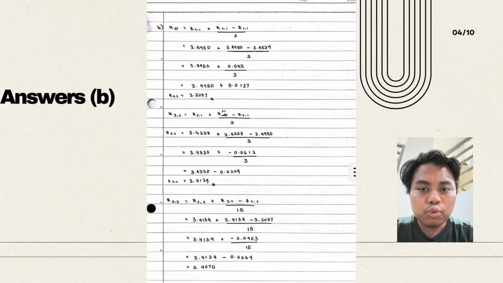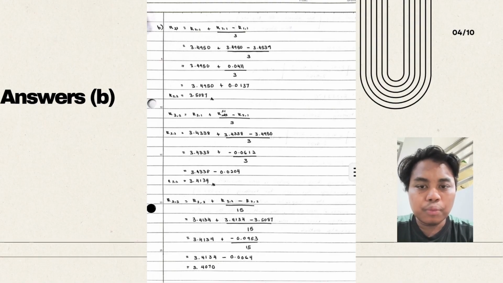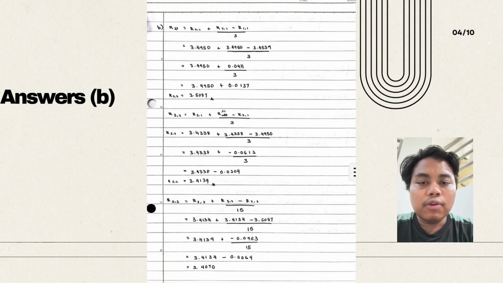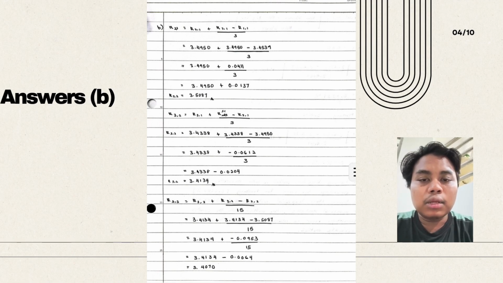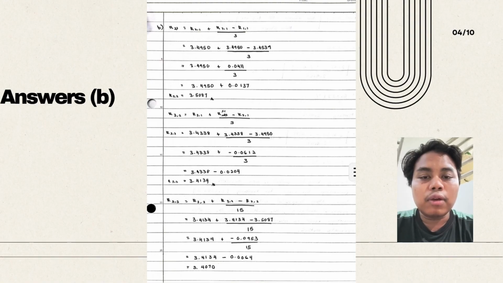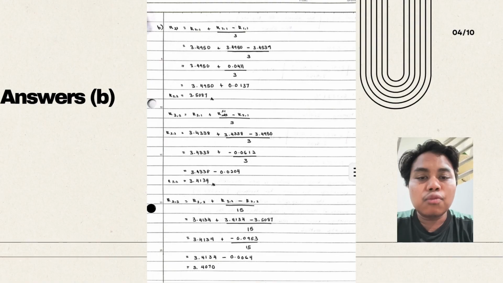For step 2, calculate R3,2. R3,2 equal to R3,1 plus (R3,1 minus R2,1) divided by 3. Substituting the values, 3.4338 plus (3.4338 minus 3.4950) divided by 3. The difference will be negative 0.0612.